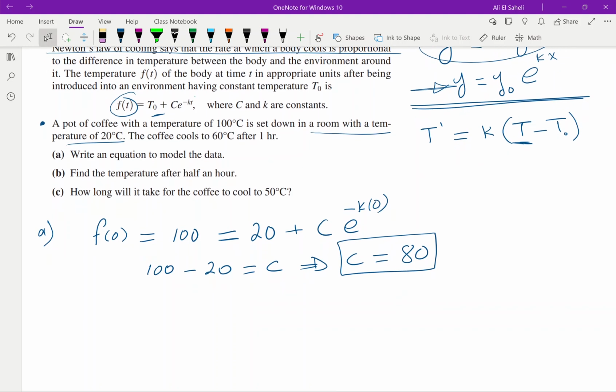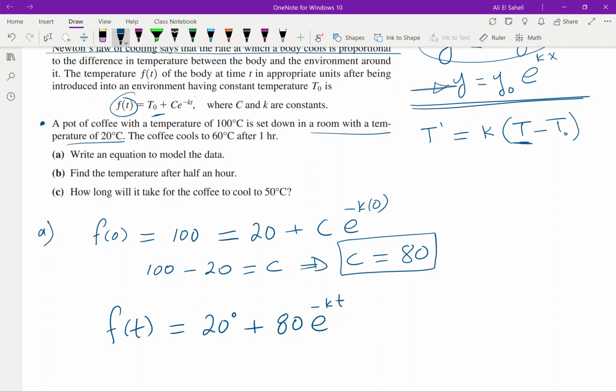The model becomes f of t equals T0, which is the temperature of the room, plus C, which is 80, e to the minus kt.